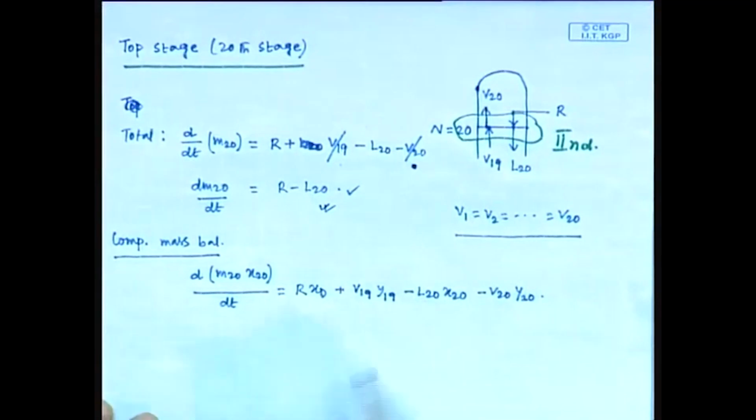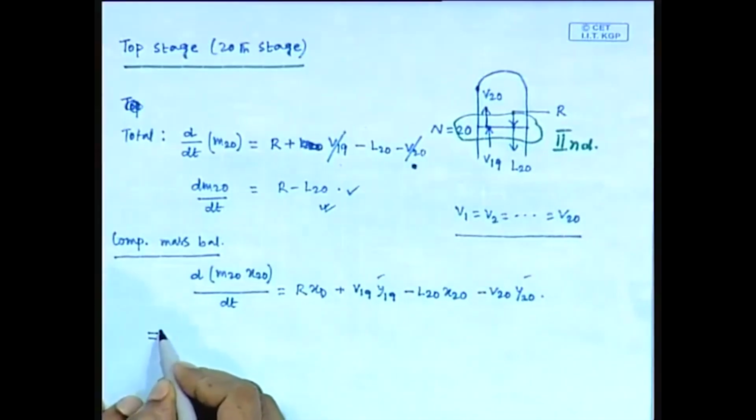Why did we not cancel the vapor terms in the final form here? I mean, why have we included V19 and V20 terms again in the component mass balance equation? Because X varies from tray to tray and Y is basically the equilibrium composition of X, so Y varies from tray to tray. That is why we cannot neglect these two terms. Can you simplify this equation as we did for the first envelope?